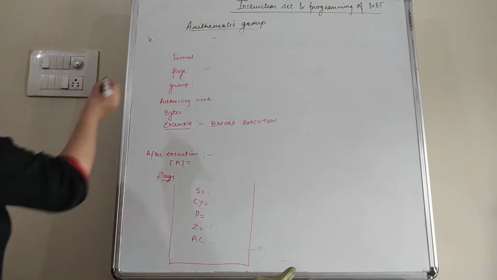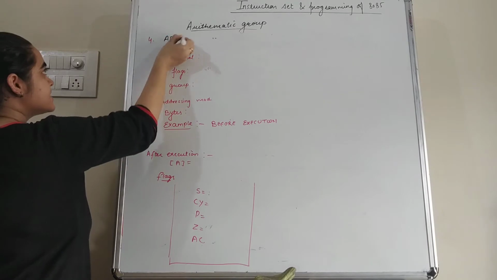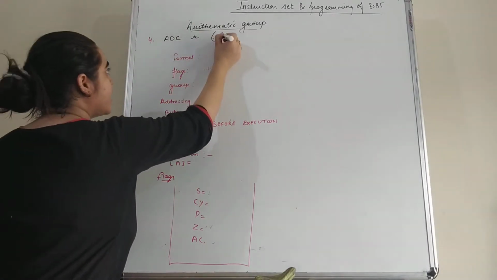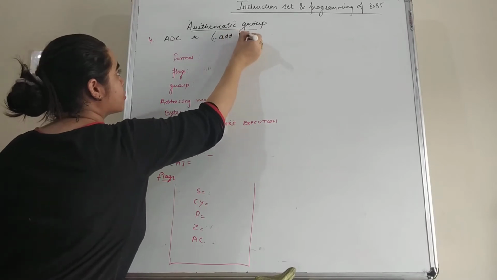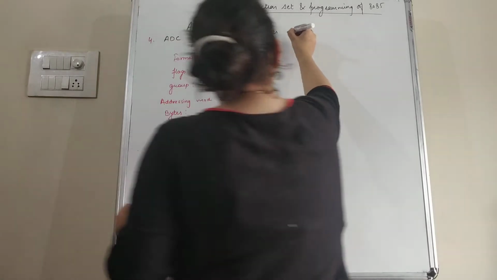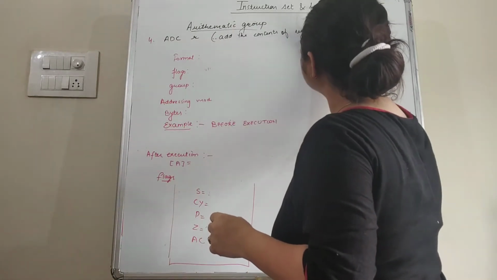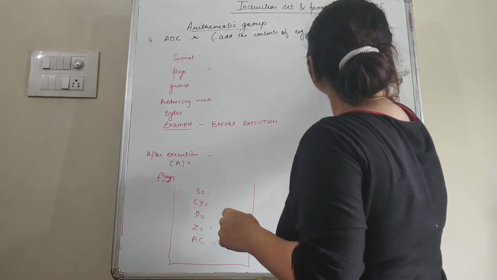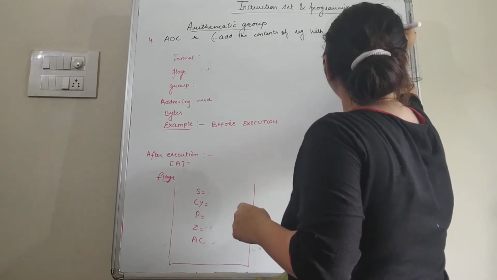Next instruction we have, that is ADC R. So students, this instruction means we can add the contents of register with the contents of accumulator and carry.